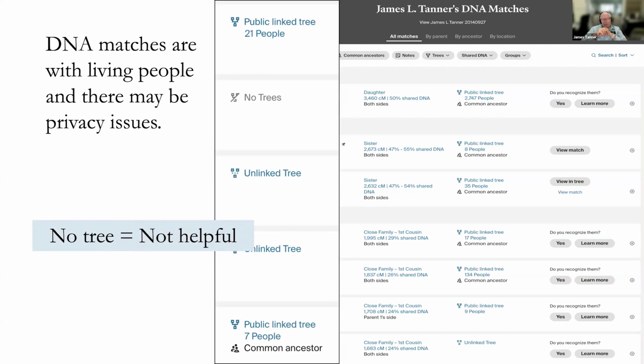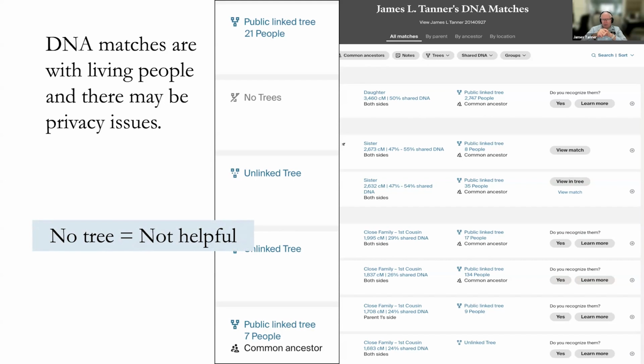If you go on and get a bunch of matches, like the thousands of matches that I have on both Ancestry and MyHeritage, then you'll see so many people without anybody in their family tree.